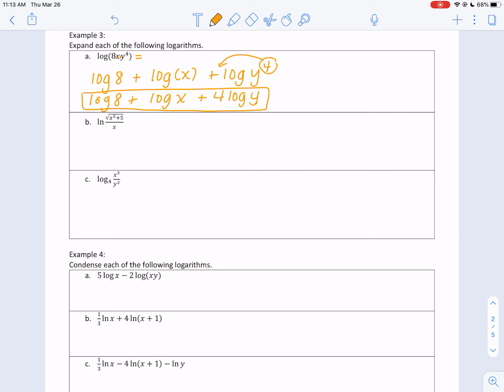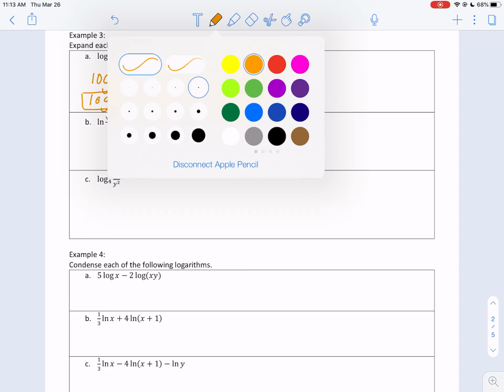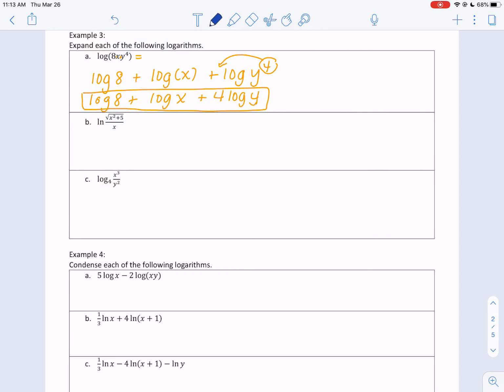If you take a look at the next example here, notice that overall we have division. With division, we're going to separate that using subtraction. So this would be the same as having this ln of x squared plus 5 minus ln of x. Note though, with that radical, we can actually clean that up a little bit more.